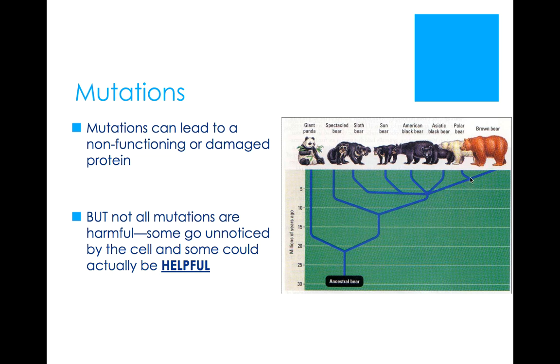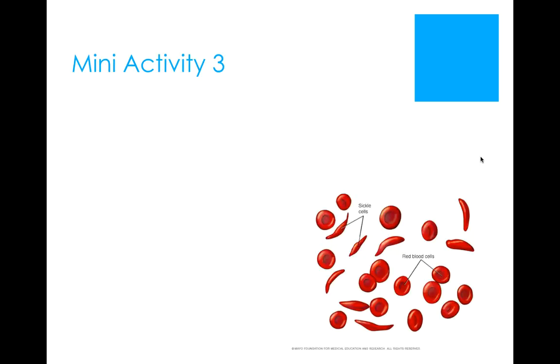At some point, there was a mutation in some of them to get white fur. Actually, their fur is clear, not white, but this turned out to be a beneficial mutation for these bears who lived in the Arctic region. So occasionally that change gives you a better chance of surviving wherever you are, okay?